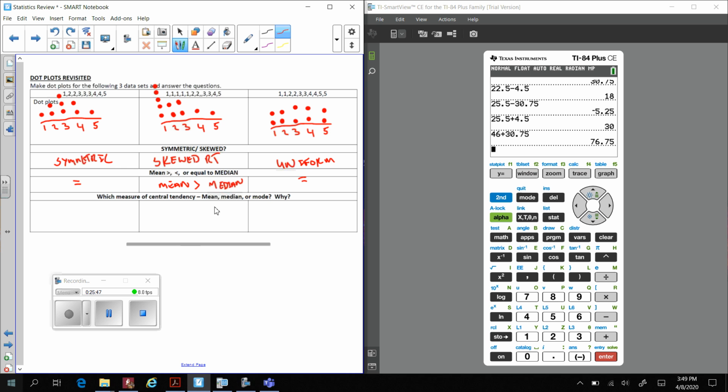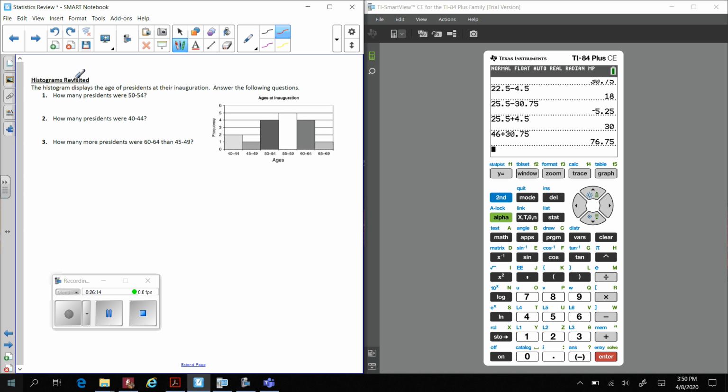So which measure of central tendency would you use? Well, mean, we normally stick to. I wouldn't use my mean here, I'd use median. And then in the last one here, probably the median, because that middle term is really going to tell us which one is the center.